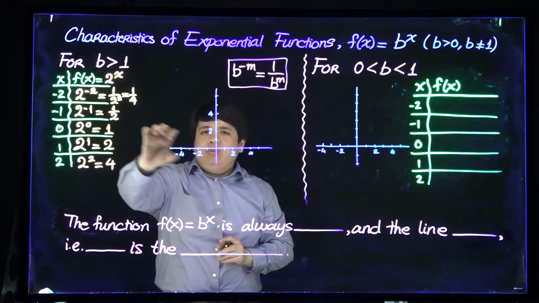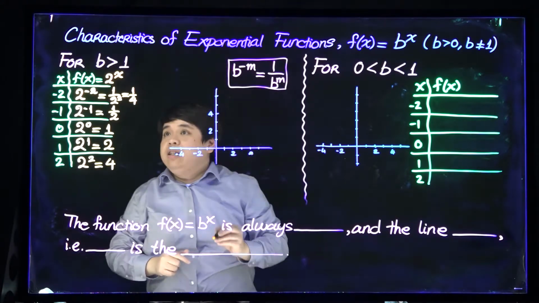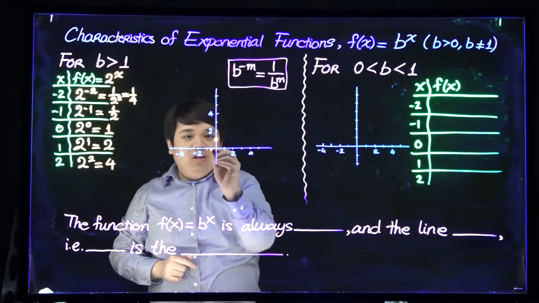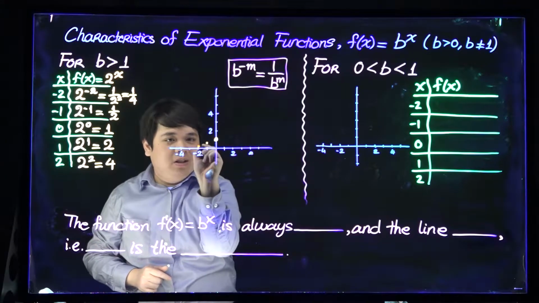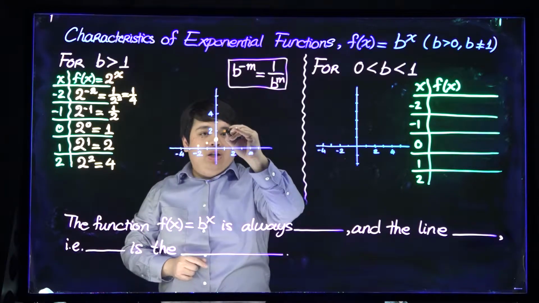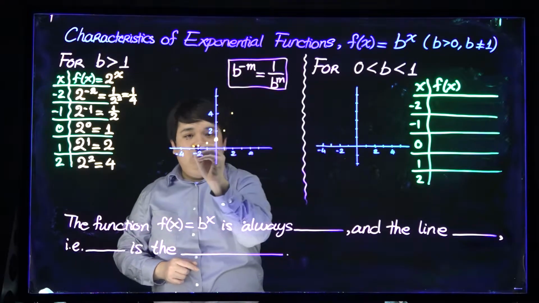Now let's plot these points: negative 1, 1/2; negative 2, 1/4; 1 is 2, and 2 is 4.